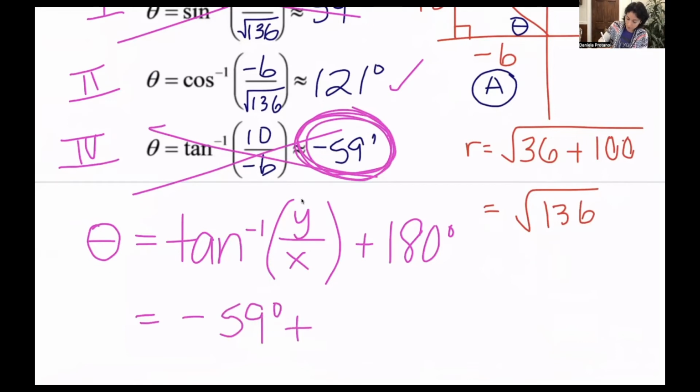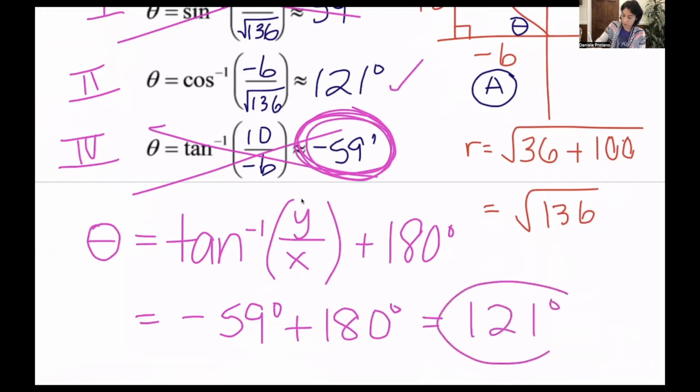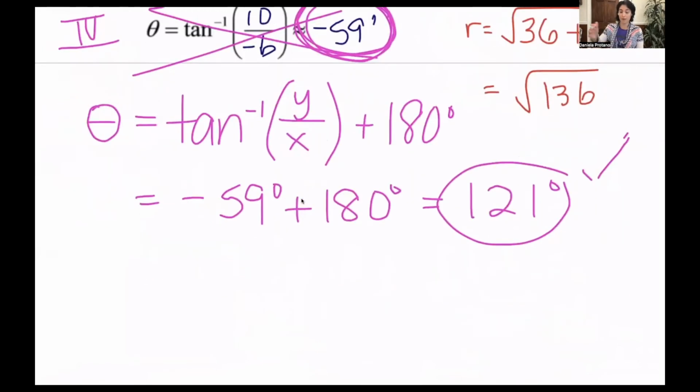Now, if we add 180 degrees, that would actually give us the correct angle. So we would get 121 degrees. Okay, so why would we do that? Why couldn't we just use our cosine? Again, in math, we just like to do things to remember stuff easily. So we're just going to try and involve arctangent with everything. So we could see we do get the same answer.